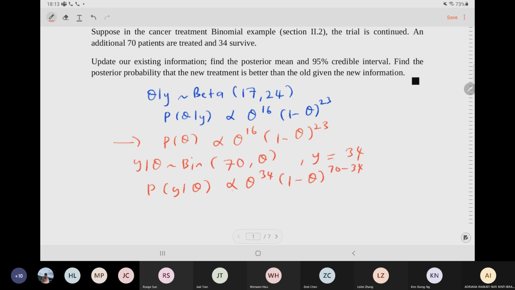This is the kernel of the binomial: theta to the 34 and 1 minus theta to the 36.